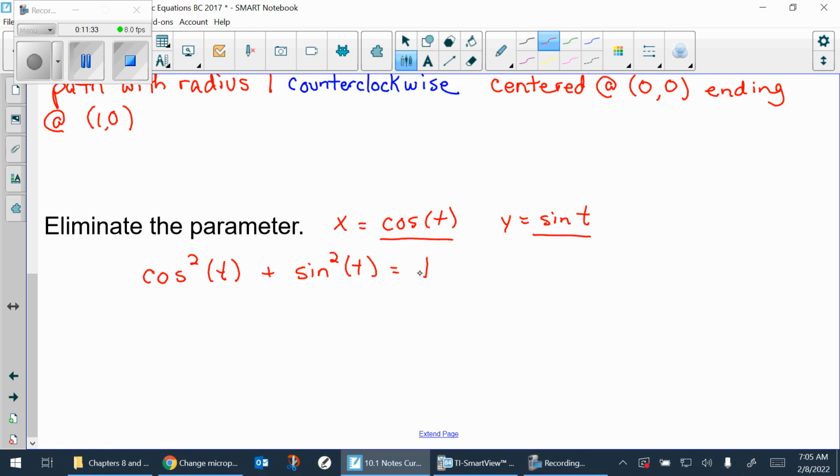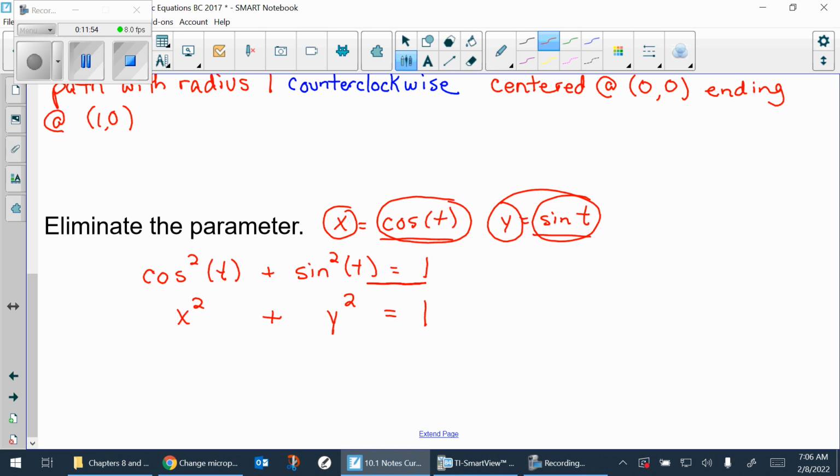Now, if I've got cosine squared, what can I replace cosine squared with? Could that be x squared plus sine squared is y squared? And I've eliminated the parameter t, and is this the equation of a circle centered at 0, 0 with a radius of 1?